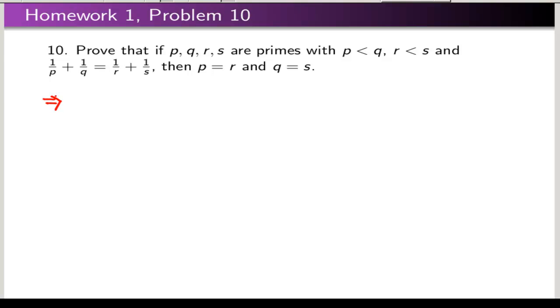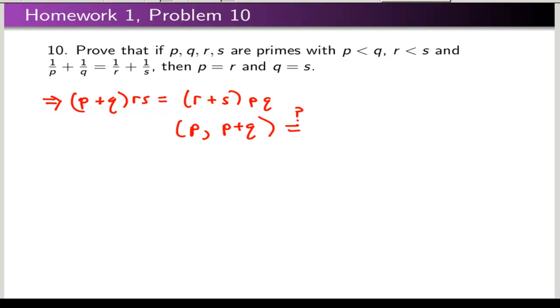So if I just clear out the denominators very quickly, you'll get an equation that says P plus Q times RS is R plus S times PQ. All right, so you can think about how I got that. So what is the GCD of P and P plus Q?